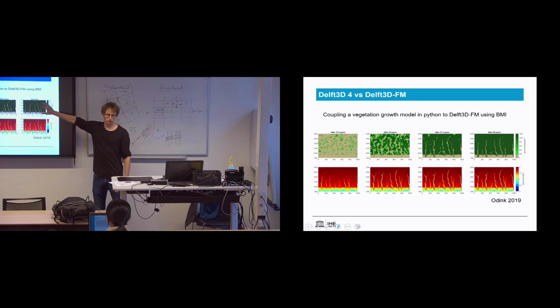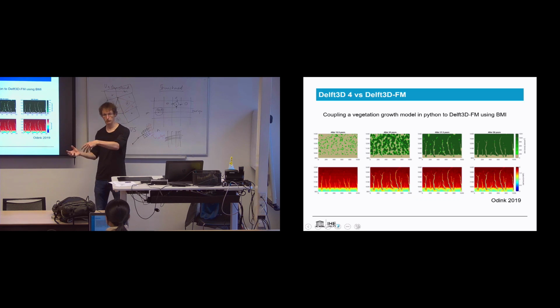Through the basic modeling interface, this Python script can ask for arrays from FM while FM is running. It can take those values, do its own calculation for the vegetation growth, and then it writes resistance information for the flow model and sends it back to FM.